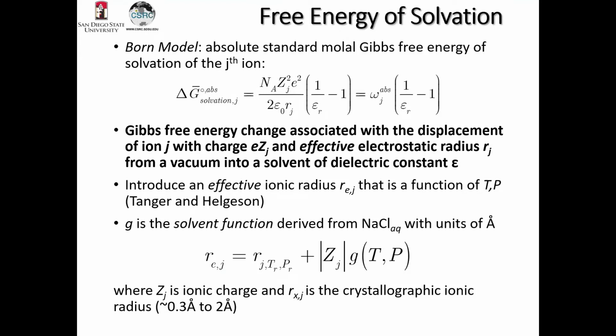This is called the G function, the solvation function, which I'll show you in a second. So we have an expression for the Gibbs energy of solvation. We're going to use that model to compute enthalpy and entropy, because once we have enthalpy, we can calculate temperature.